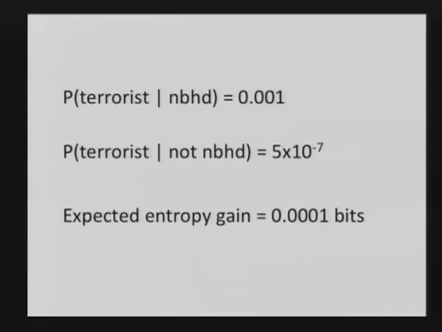So what this means is if we don't start with some suspicion of Bob, we can't really boost up into that high confidence that he is probably a bad guy. So we need to remember the role of the prior and the other information in getting us to a conclusion. And oh, by the way, the entropy gain we get here, starting with the 1 in a million chance that Bob is a terrorist, is minimal to say the least.